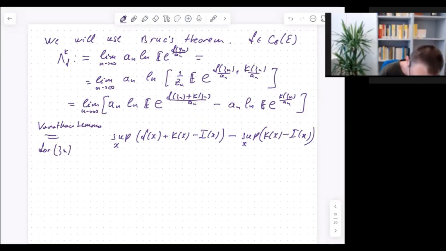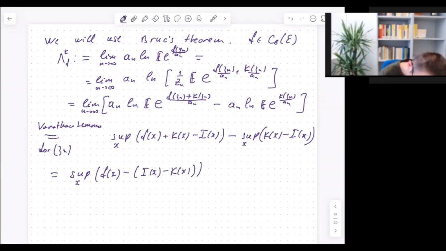But now we can combine that a little bit, and we can say, okay, it is a supremum over x of f of x minus I of x minus k of x.